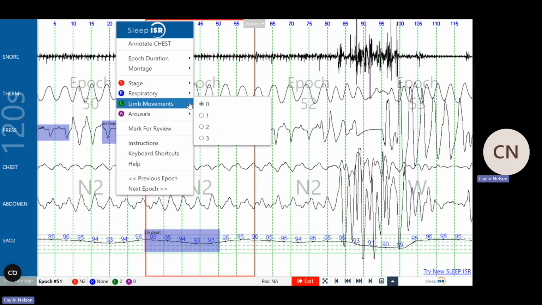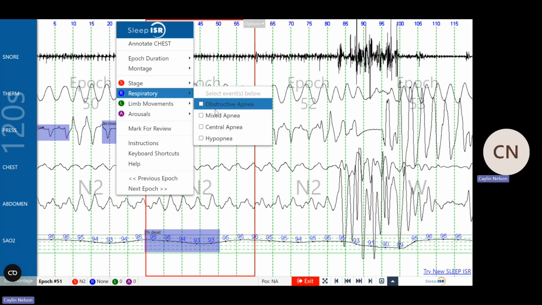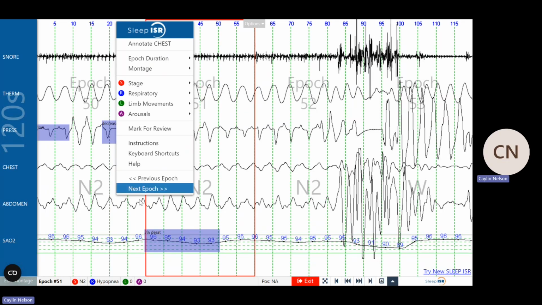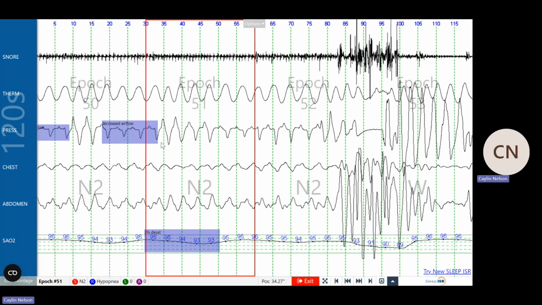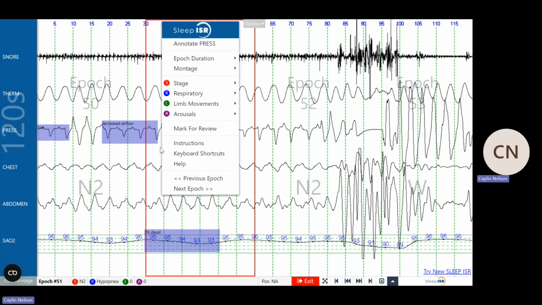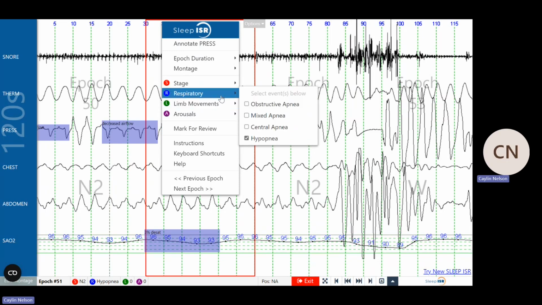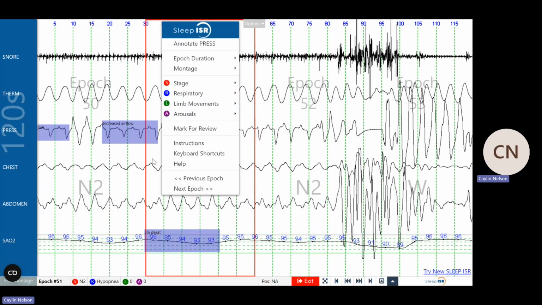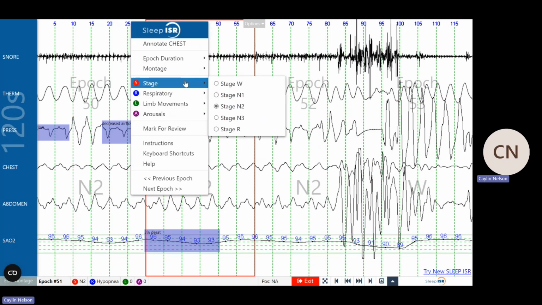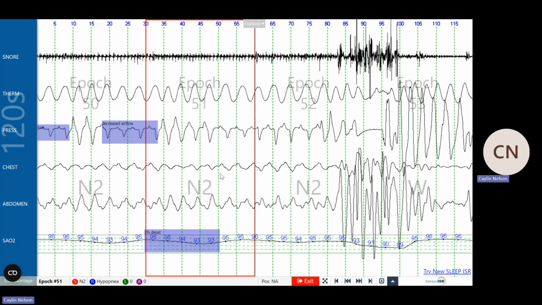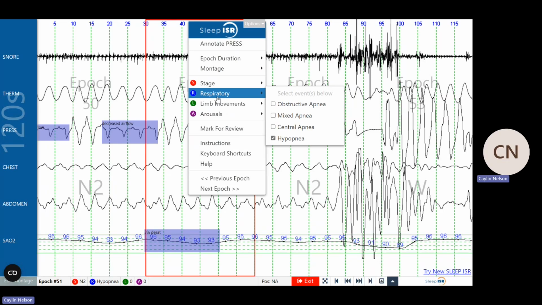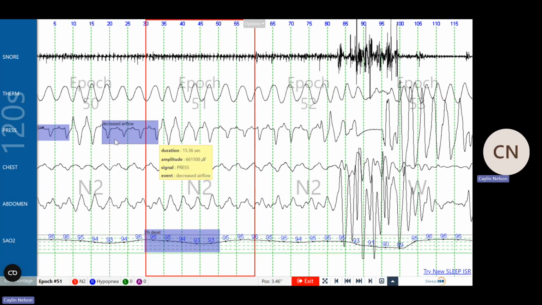So we're going to add in that we have that hypopnea. We're going to make sure to annotate the hypopnea in each epoch.